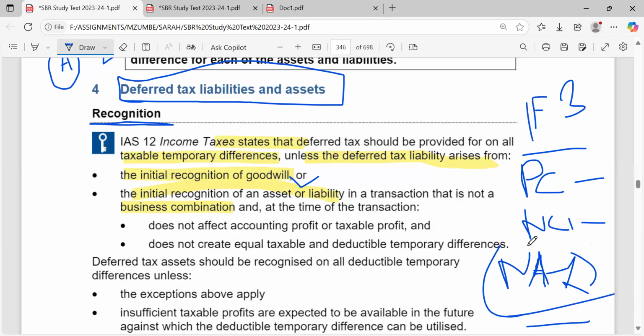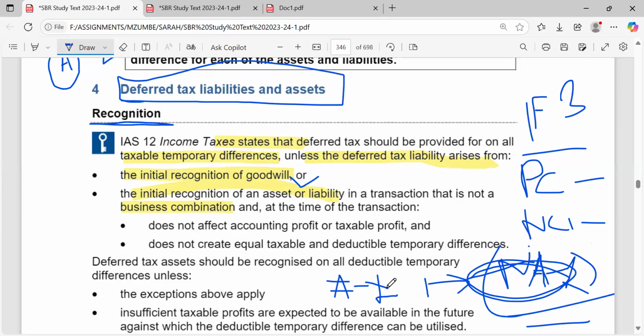But also, even these assets which will be added on fair value basis of net assets should also be considered for deferred taxes, right? That's why you are told initial recognition of an asset or liability. By net asset, I told you it's asset minus the liability. So getting the fair value at the acquisition of, let's say, a subsidiary, you could have additional assets and additional liabilities.